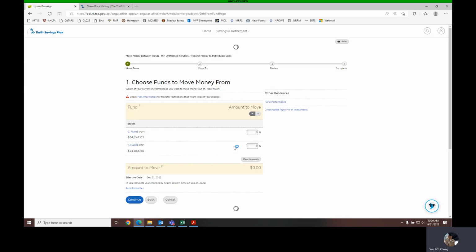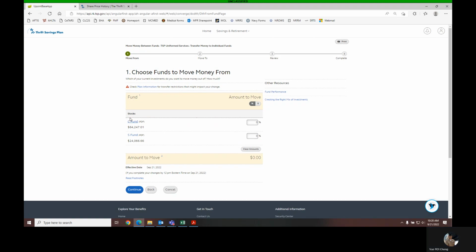So it's only going to draw from what you have in the pot right now. I can't draw from G or I funds because I have nothing in there. What you're doing is moving a percentage or a money amount out of these funds to buy more of the other funds. So let's say I want to grab 4,000 out of each of them, right?